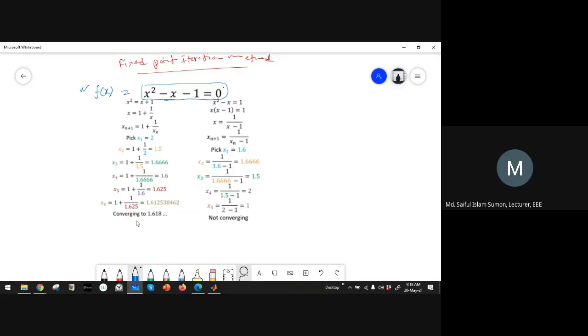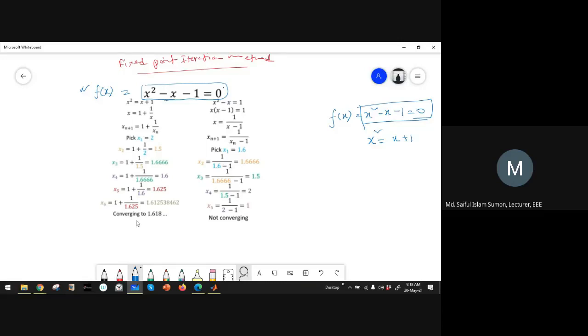I want to solve this nonlinear equation. For this, at first I have to write x square minus x minus 1 is equal to 0, and I have to separate x from here. How? Actually x square is equal to x plus 1.